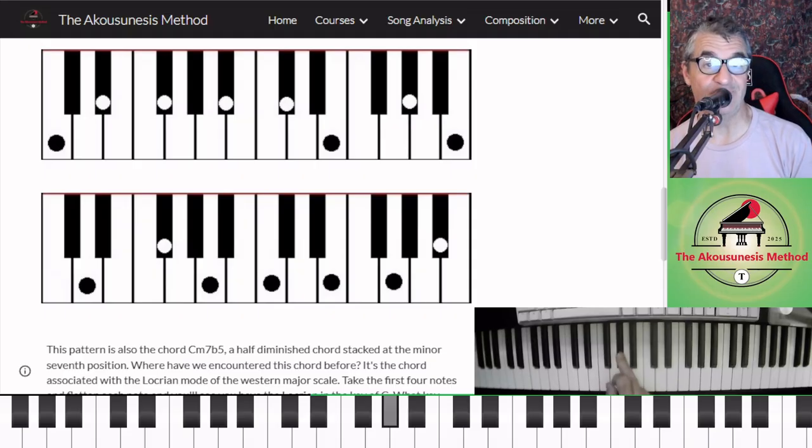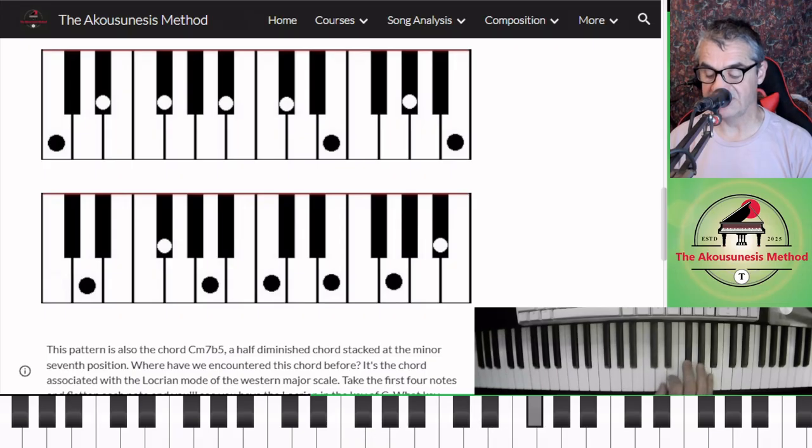So A flat will be the next starting point, right? So now we have A flat. So that's key of A. What's A flat Locrian? Well, I just have to focus in on the key of A there. Play the key of A in Ionian, right? And then know that you're just going to stop on the G sharp, right?